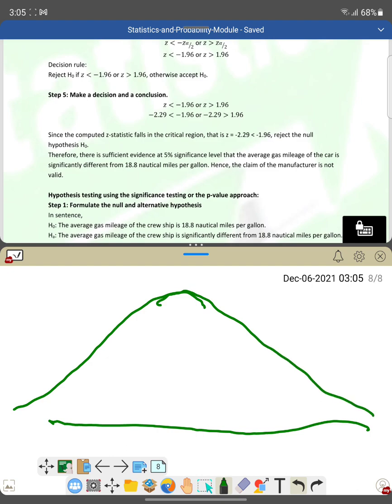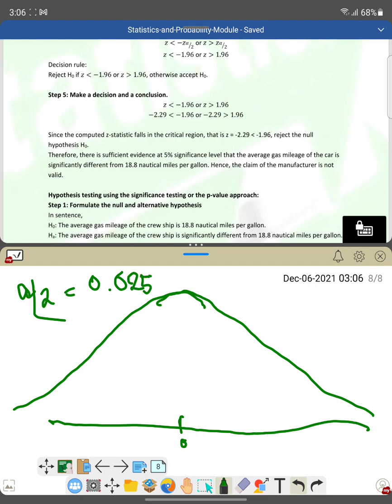Here is your 0. Since we are going to base it on the z value, which is given by your 95% or your level of significance, which is 0.05, and alpha over 2 again is 0.025.